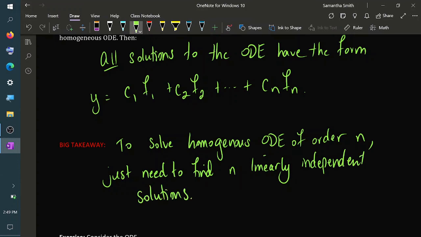So in particular, if you're working with a second order homogeneous ODE, you can find all solutions by finding just two solutions. If you can find two independent solutions, neither of which is redundant, then combinations of those two form all possible solutions to the ODE. Isn't that amazing? You can find an infinite collection of solutions just by finding two solutions and combining them.